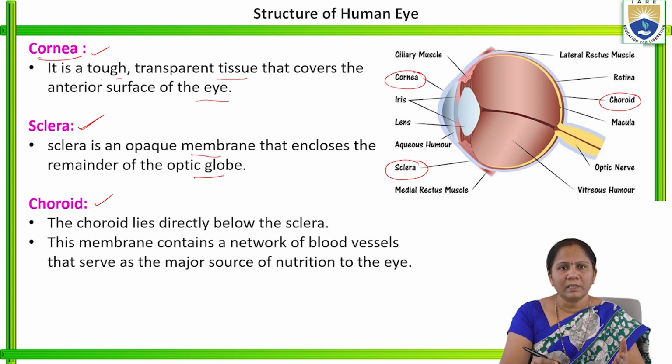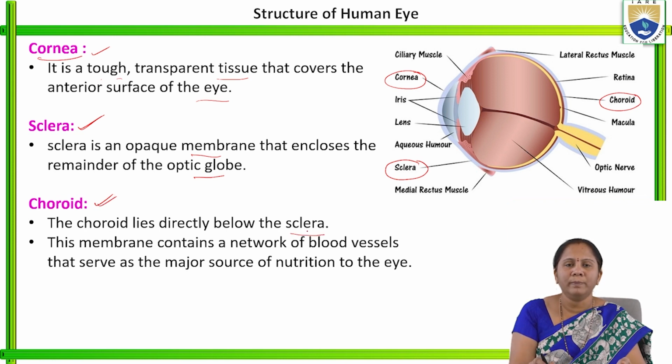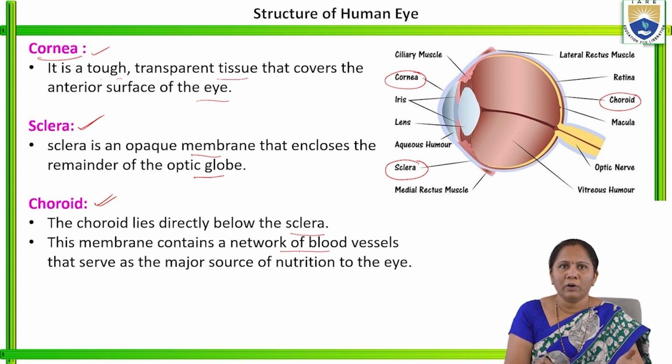After sclera we have the third layer, choroid, which lies under the sclera. This layer consists of a network of blood vessels, and through these blood vessels sufficient nutrition is provided to the eye. These are the three important layers in the cross section of the human eye.